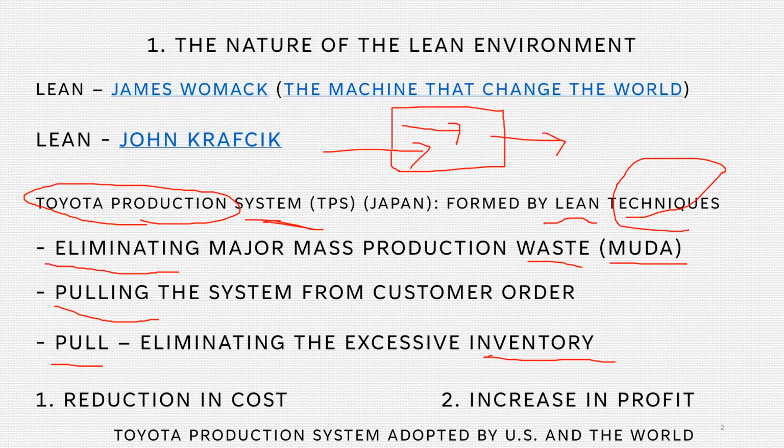So the lean system is targeting to reduce any kind of unnecessary cost, and the target is to increase the profit by reducing the cost. We're increasing the profit. How do we reduce? We eliminate. How do we reduce?